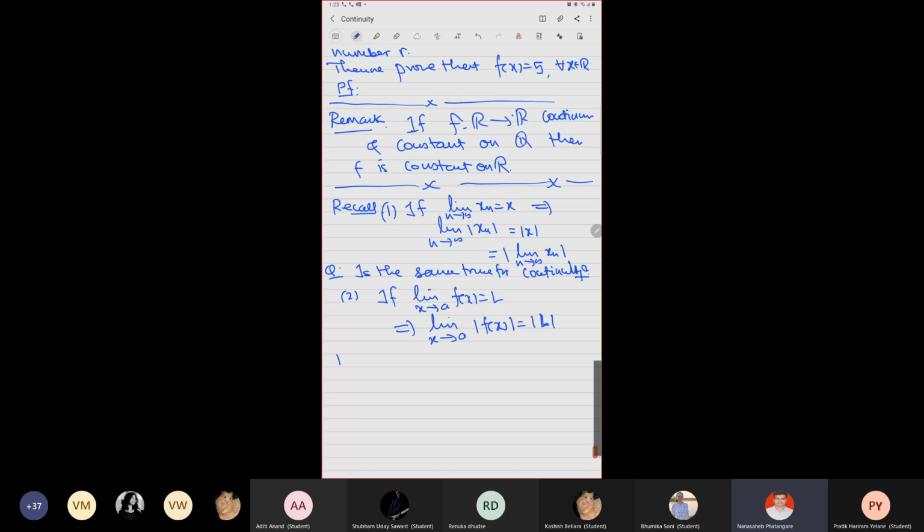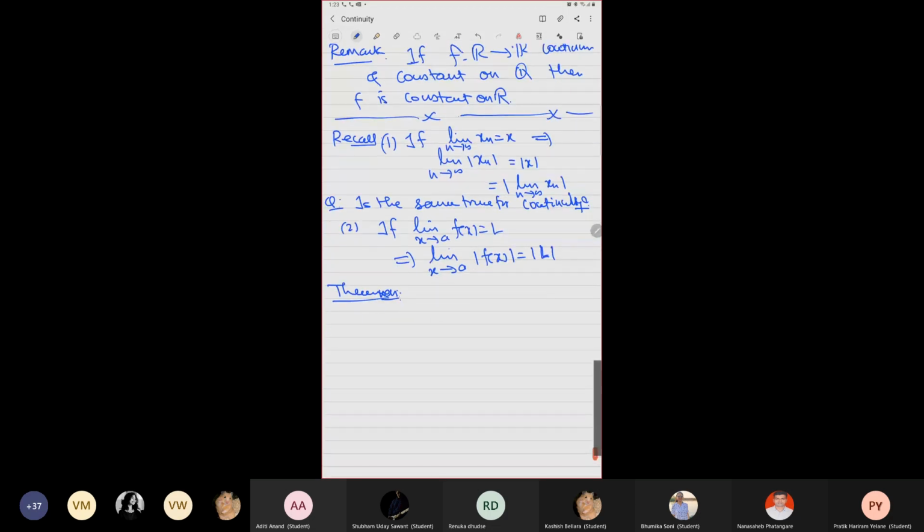So from this, can you make a statement for continuity? Suppose f is continuous at a.